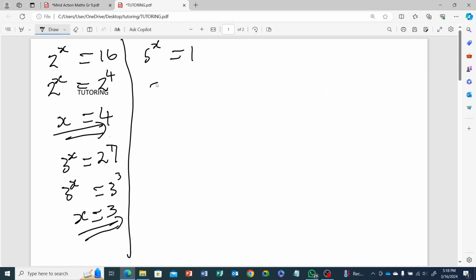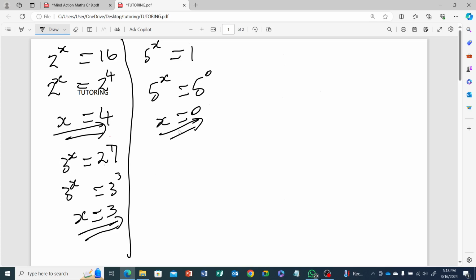Remember, any number to the exponent of 0 is 1. So this can be written as 5 exponent of 0. You can punch 5 exponent 0 in a calculator, it will give you a 1. I chose 5 exponent 0 so that this base can match the base on the left hand side, and effectively x will be equals to 0.